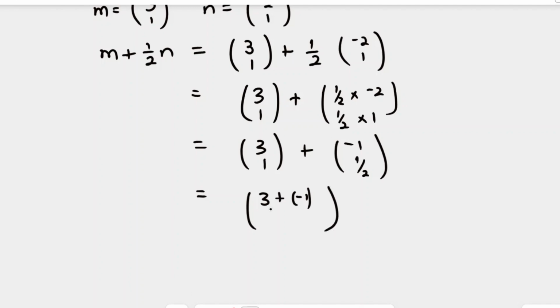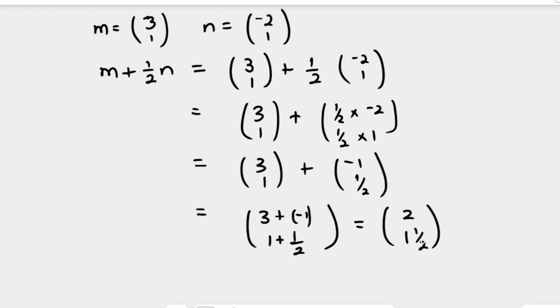And we have 1 plus half. So let's see what we're going to get here. 3 plus -1 is going to give me 3 minus 1, that is 2. 1 plus half is going to be 1 and a half. That is it. So that is how we can simplify this expression.